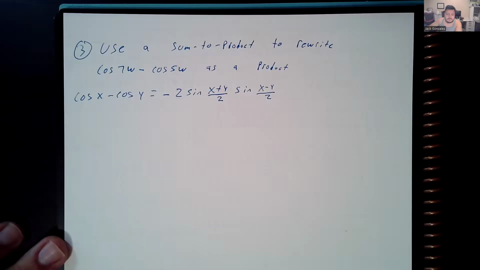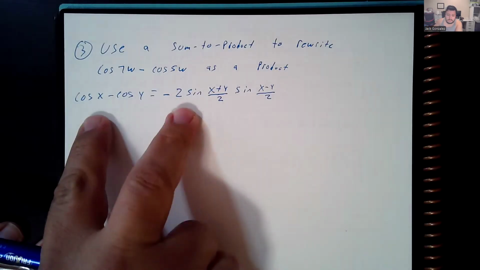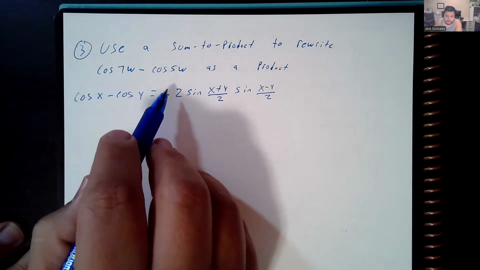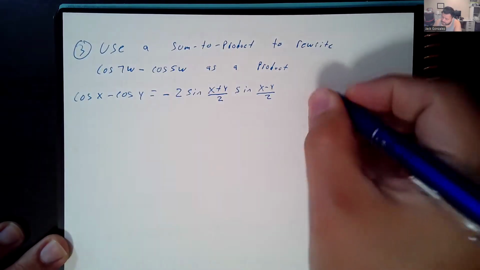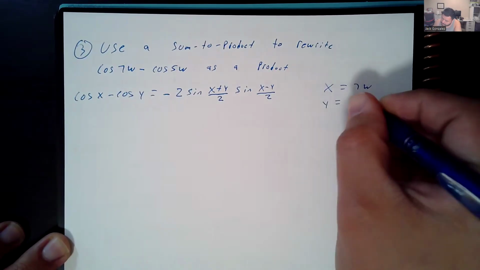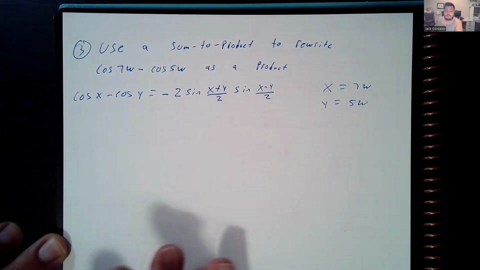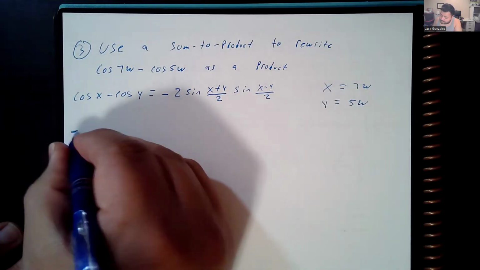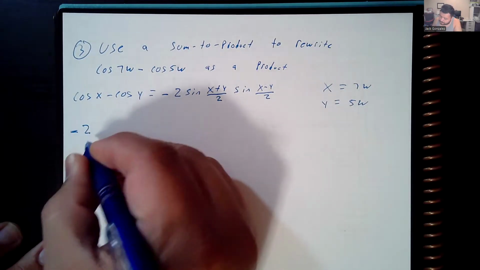Okay, so we're going to use this formula here to apply to cosine 7w minus cosine 5w. So again, label what x is if you want somewhere. Y is right there. Okay, now here we go.